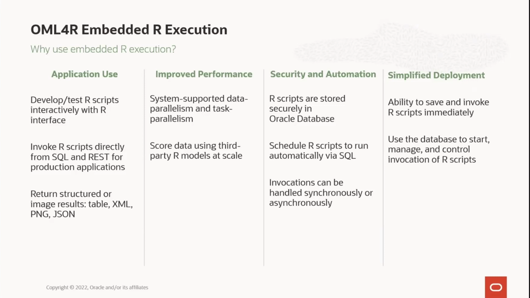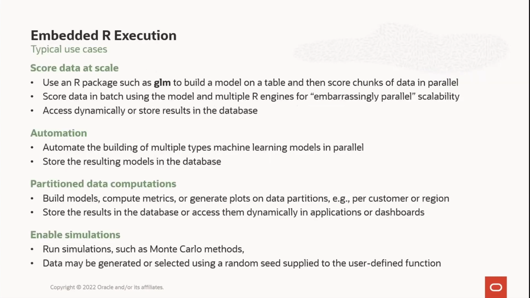The R scripts are stored securely in the database and can be scheduled to run automatically through SQL using the DBMS scheduler. And all of these features facilitate and streamline the collaboration among data science teams. So it allows the handoff of your work products from data scientists to application developers for deployment.